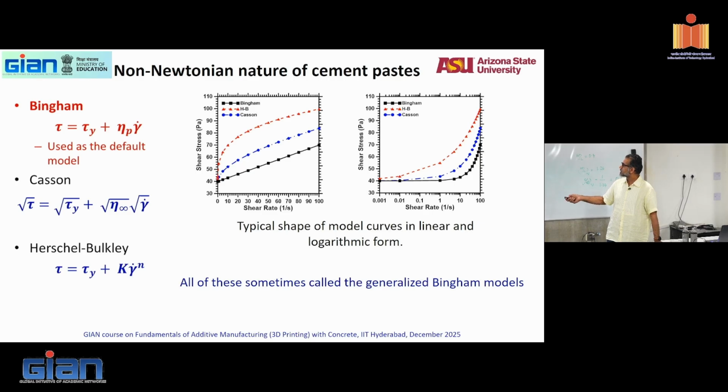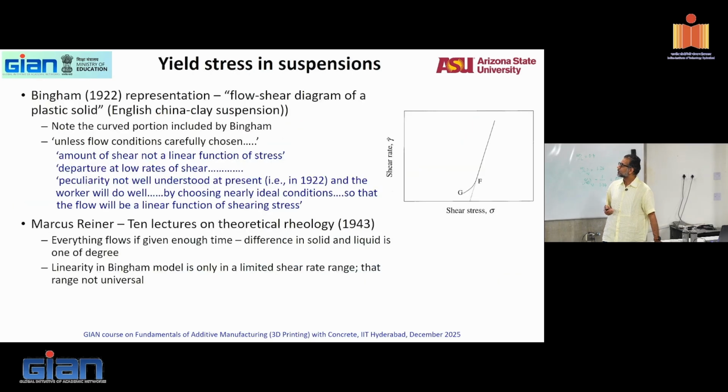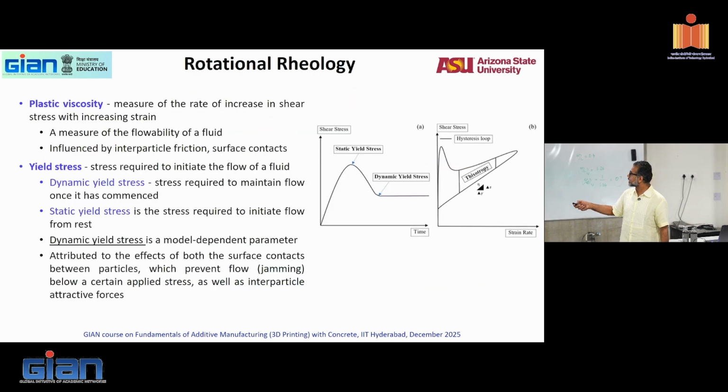So the idea is that, and these are all called generalized Bingham models, but Bingham in 1922 came up with this model and says he has introduced this curved portion, but we conveniently ignored it. He says the amount of shear is not a linear function of stress. But we assume shear to be a linear function of stress, right? In the Bingham model. This is our Bingham model.